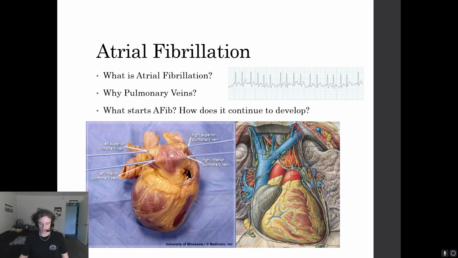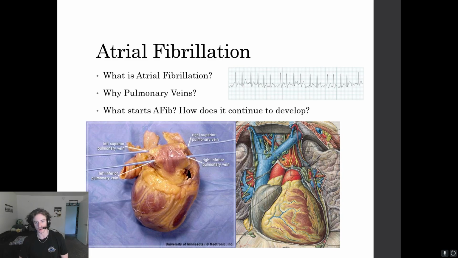So the maze procedure essentially needs to become the earlier intervention. But that's a problem when you have somebody who gets AFib once a week, right? It's paroxysmal, it's early AFib, and you say, hey, you have AFib once a week and it doesn't even last a week, but let's open you up and we're going to burn here, and do all these things, right?